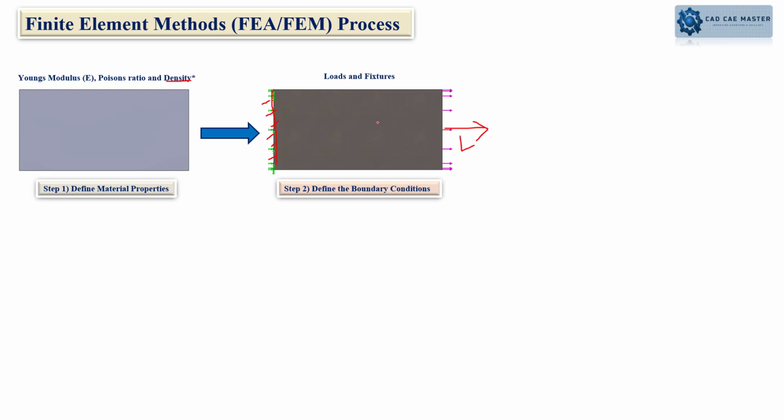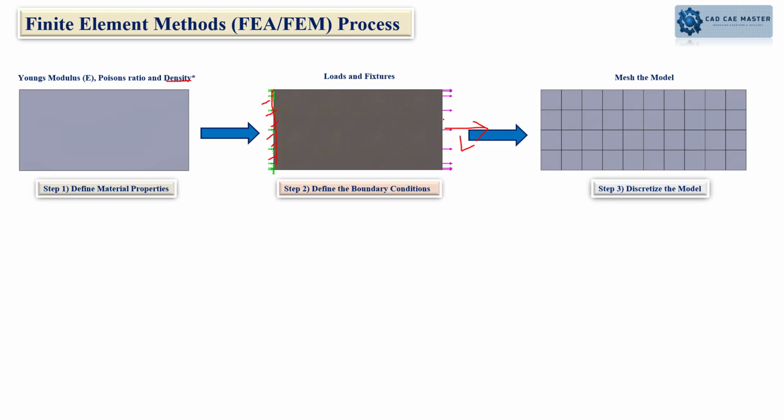And then after this, we're gonna just discretize the model in the form of the mesh, where we can see the quad elements. Okay, and then we're gonna take this into account, and then we're gonna create the shape functions on this by using the interpolation functions.